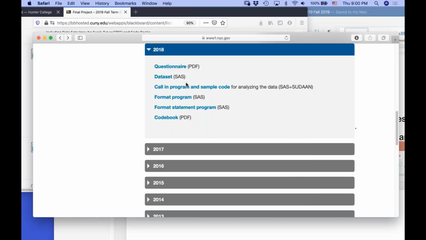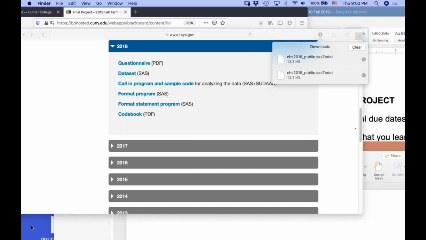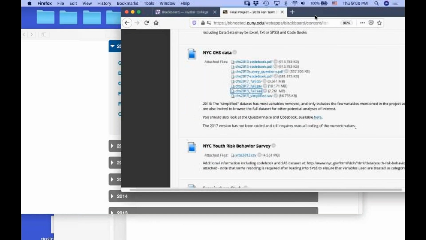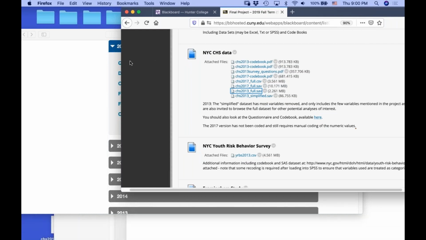Did it download? I thought it did. And there it is. That's the SAS data set for 2018. I'm going to put that on my desktop also. You can open SAS, or you can import it into SPSS. So I'm going to do that right now. I'm going to open SPSS.